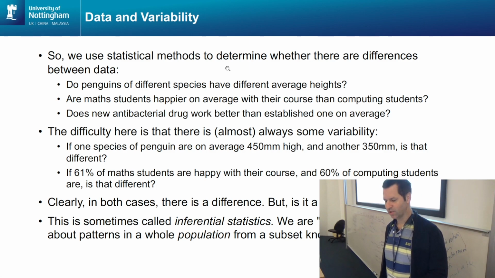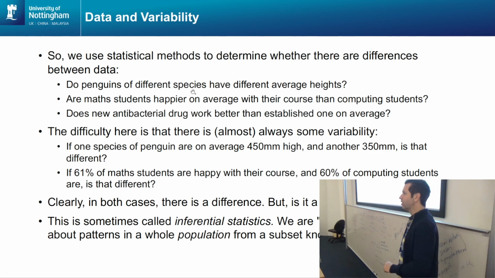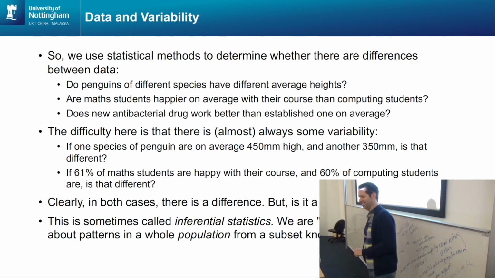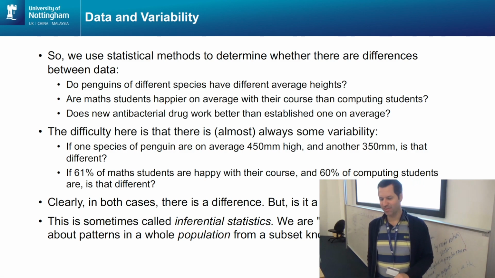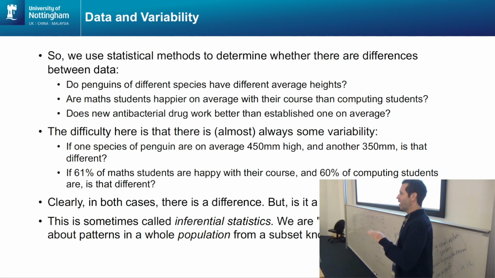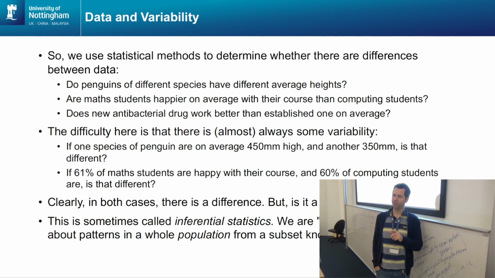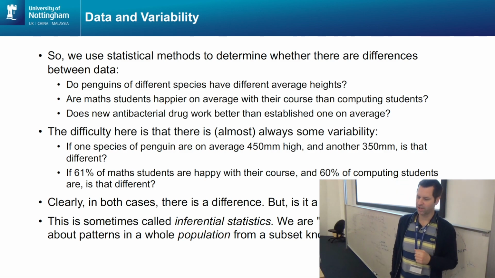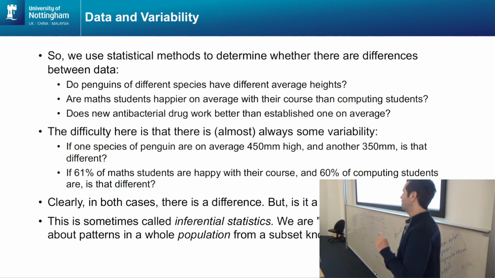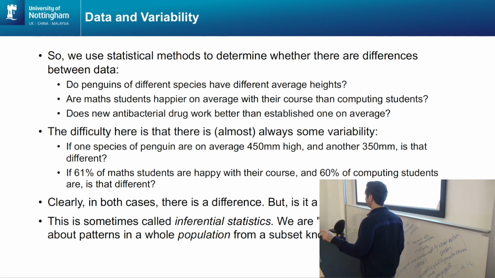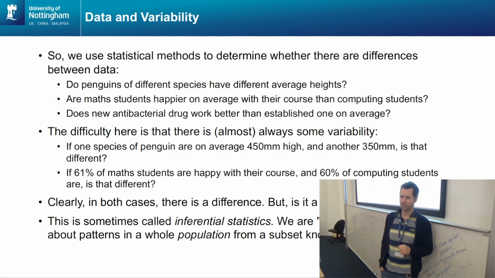Are mathematics students happier on average than computer science students? Does one drug work better than another drug on the same group of people or similar groups of people? These are all examples of where we would want to use these statistics to compare two data sets.